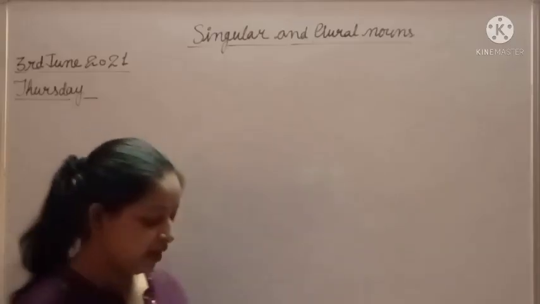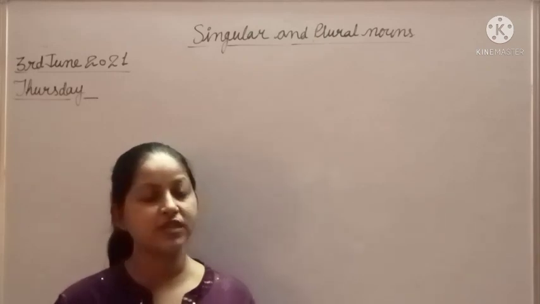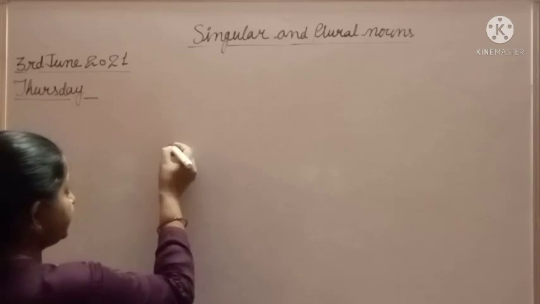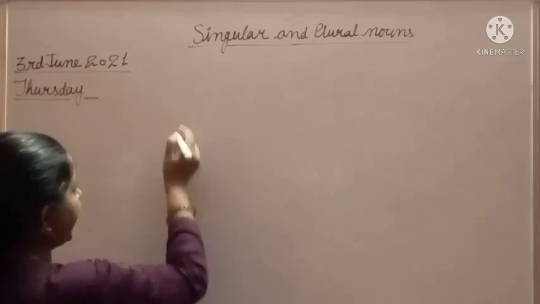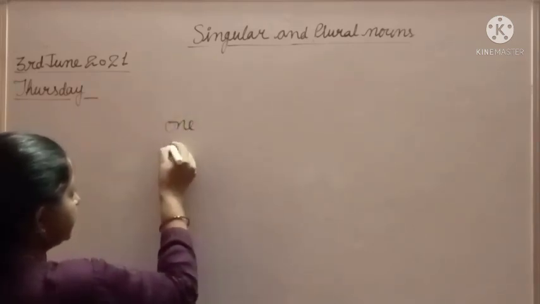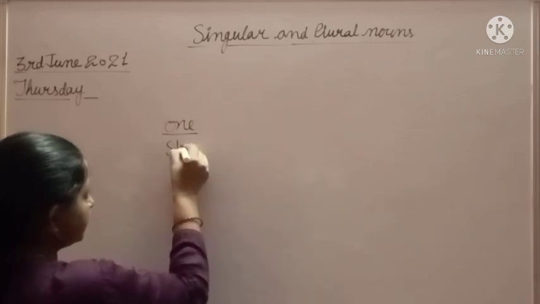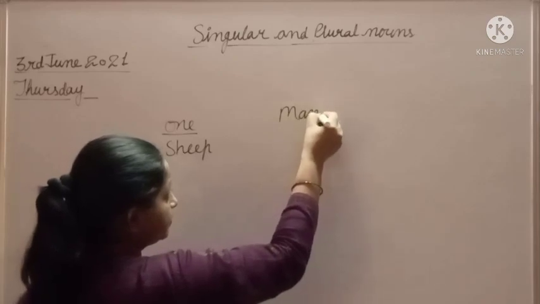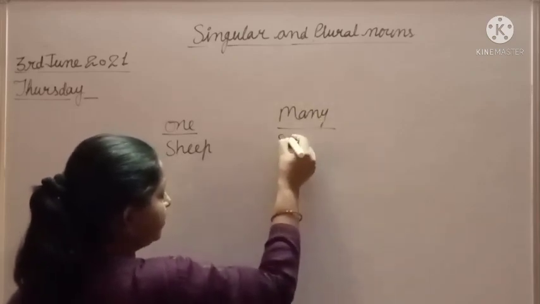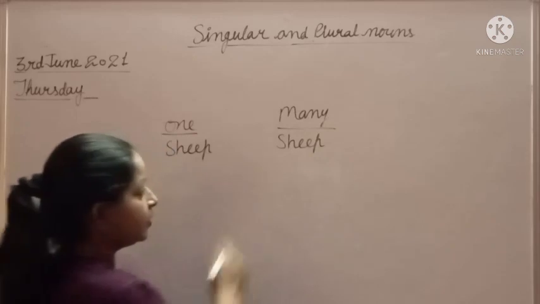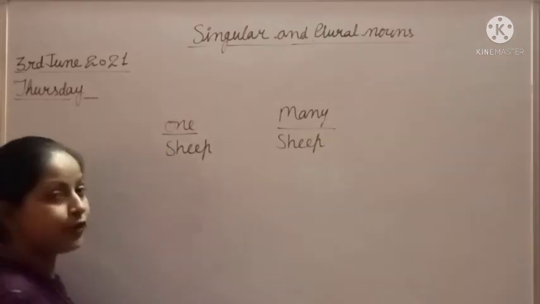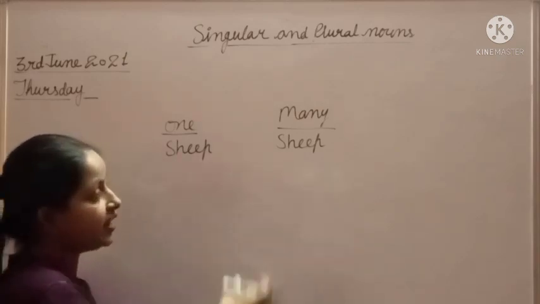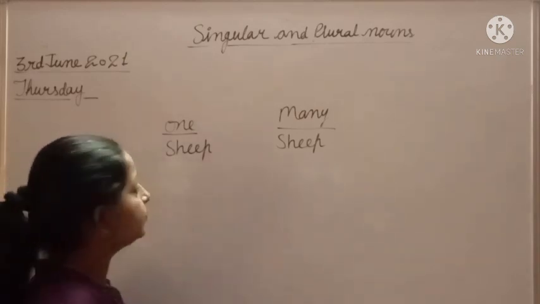Some nouns have singular and plural forms that are always the same. Like sheep. If we have one sheep, then we write sheep. If we have many sheep, then we write sheep again, because we do not use s, es, ves, ies at the end of this type of word.